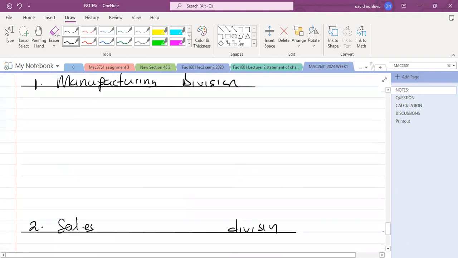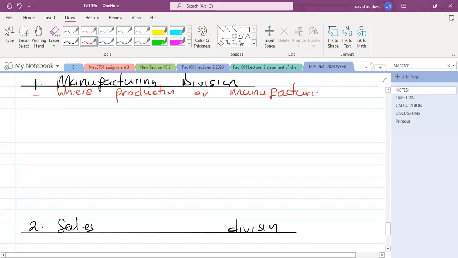So we separate our organization into 3 parts: the manufacturing part, the sales part, and the management part, which is the admin. In this division here, this is where production or manufacturing takes place.